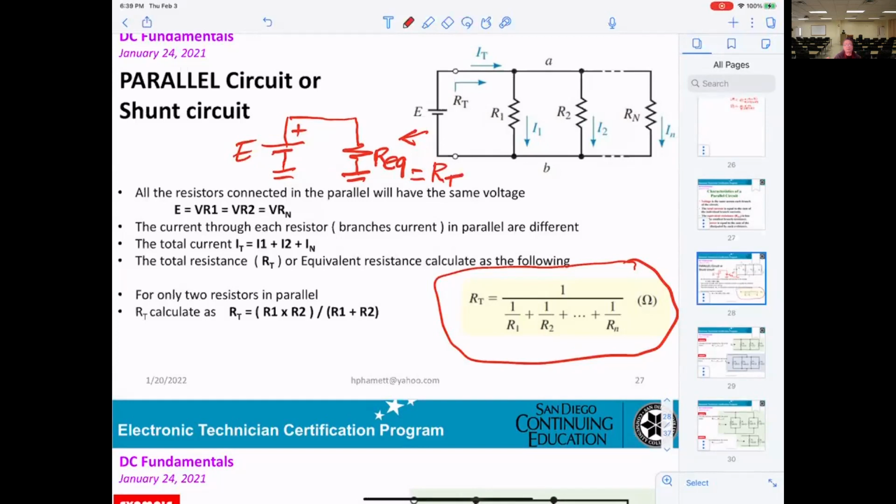That's how they calculate the total equivalent resistance. So when you get the total resistance, it's easy to calculate the current flow, I total. You take E divided by R equivalent, Ohm's law. That's what you get for the total.